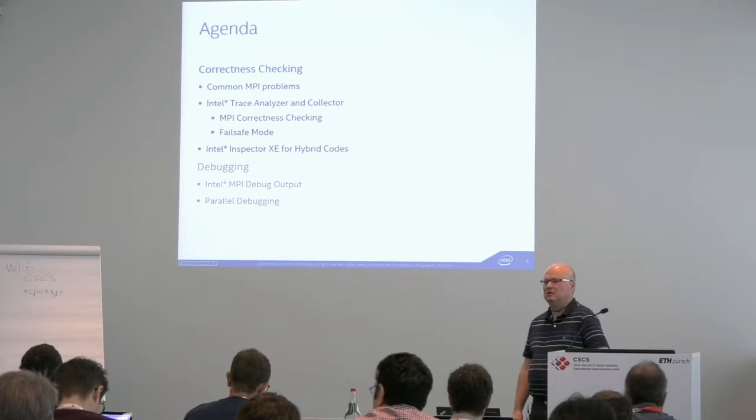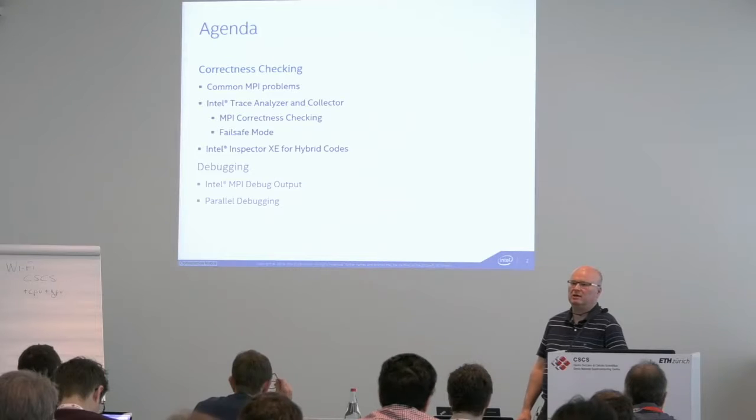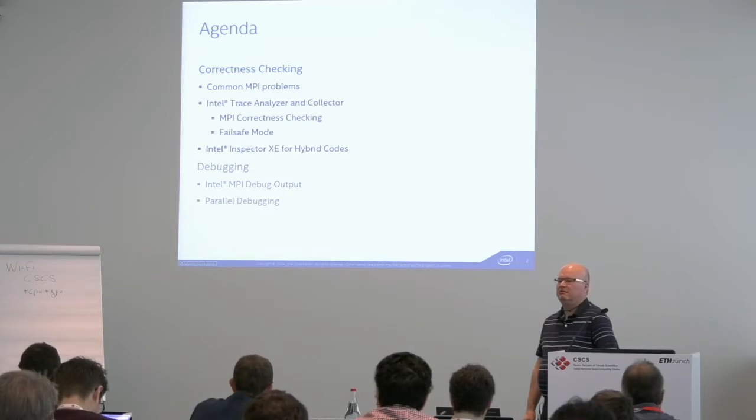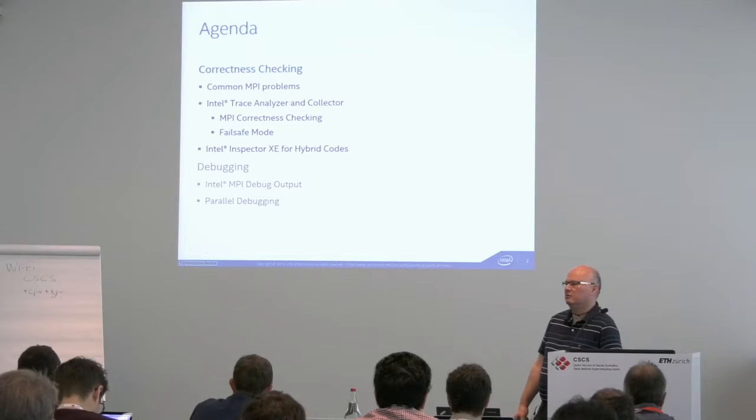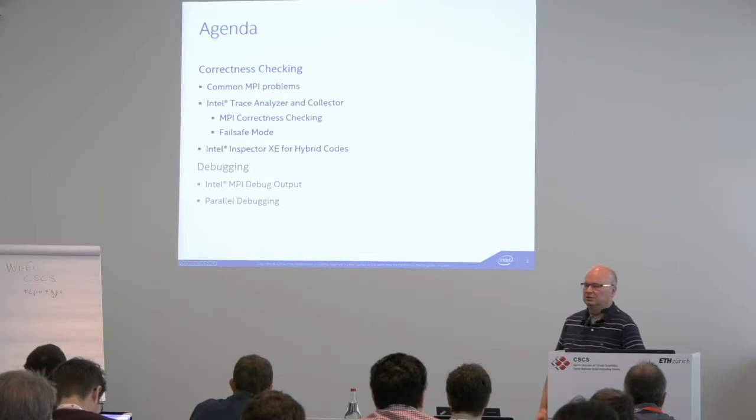We had some customers who came back and reported that they found errors that had been in their code for a very long time and they never found before. But this tool was directly pointing them to unfinished requests, and that could then be fixed.